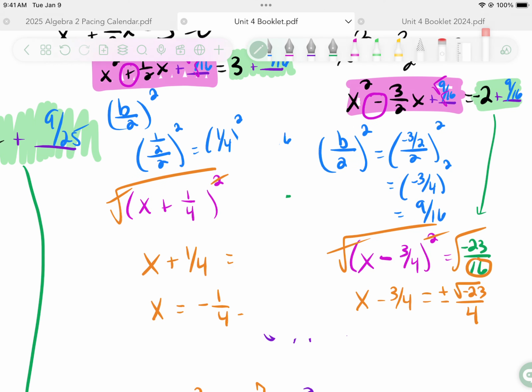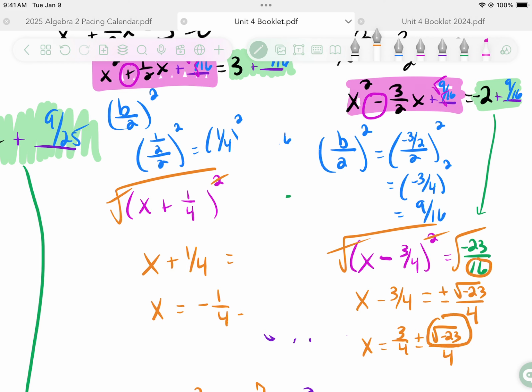You're going to go ahead and add 3/4 to both sides. And then at this point, you do not need to break out your two answers because we have a square root. Okay, so we are just done. That is our final answer. We can stop there.